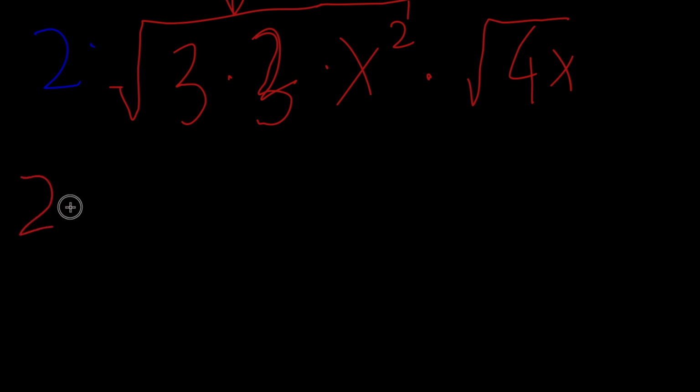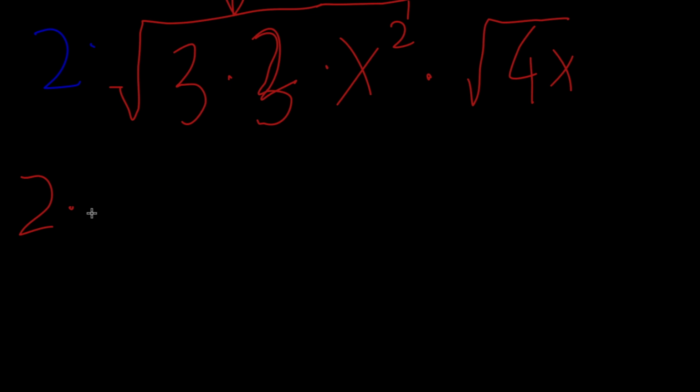So 2 times the square root of 3 times 3 is 9, and x squared. The little 2 and the radical cancel out, so we're not going to have the square root of 9 times x, and the square root of 9 is 3.